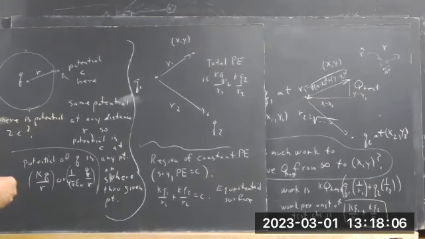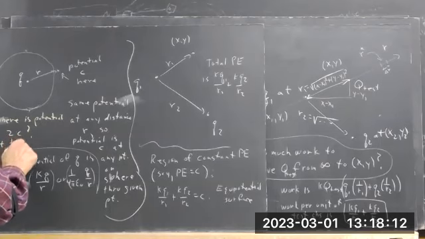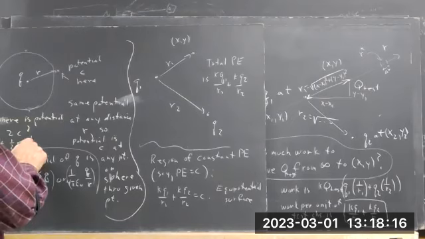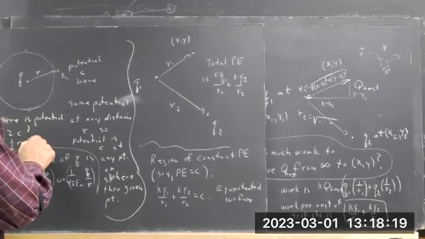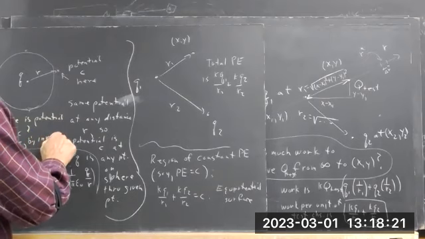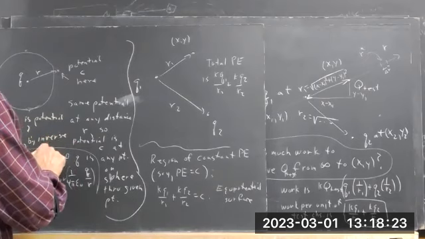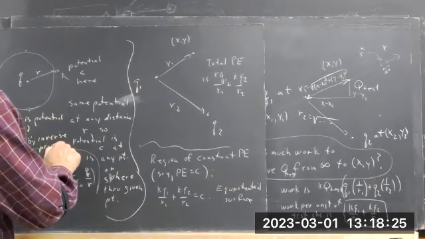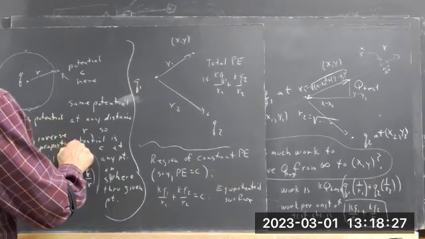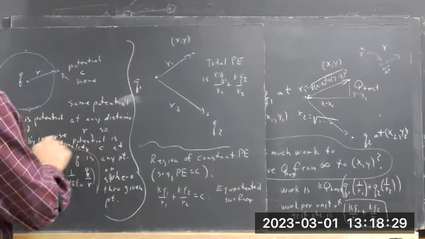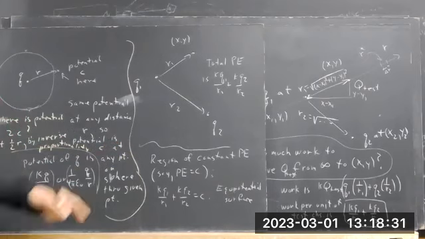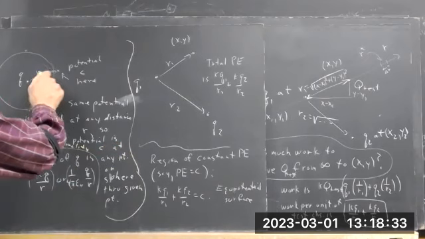So that's just basic proportionality. So we go to 1/2 R.